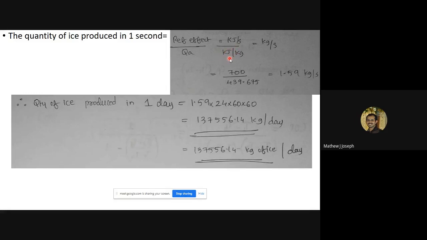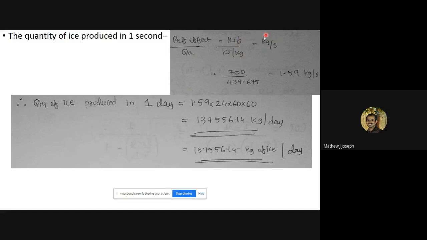A little consideration will help us find the quantity of ice produced in 1 second. How can we find it? We just need to divide kilojoules per second by kilojoules per kilogram. So kilogram goes above in the numerator, and second comes down in the denominator.